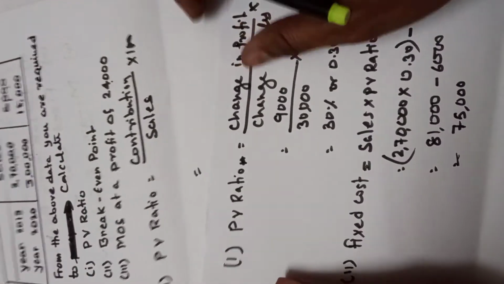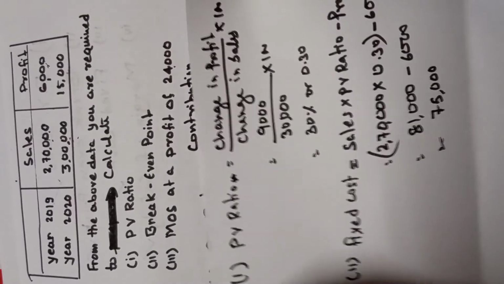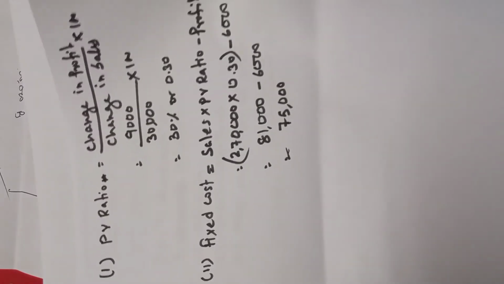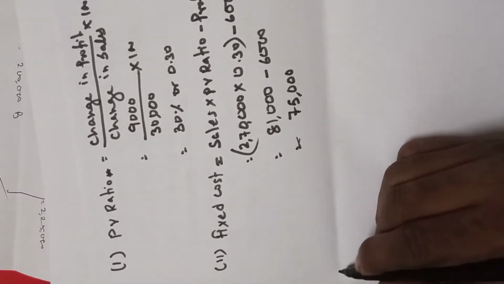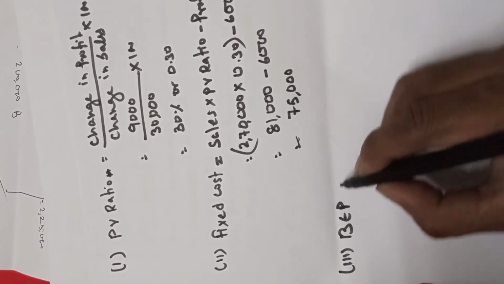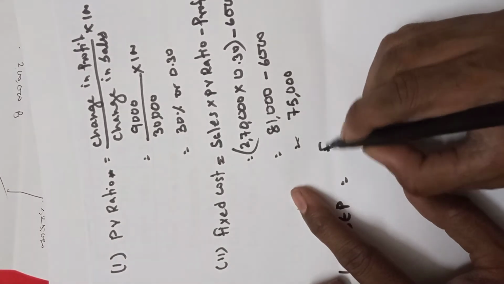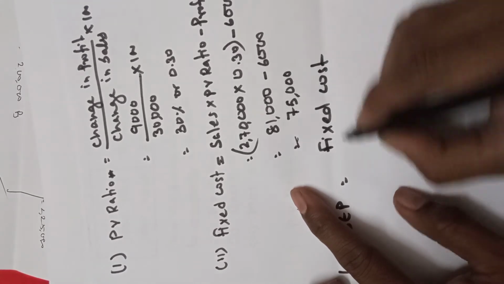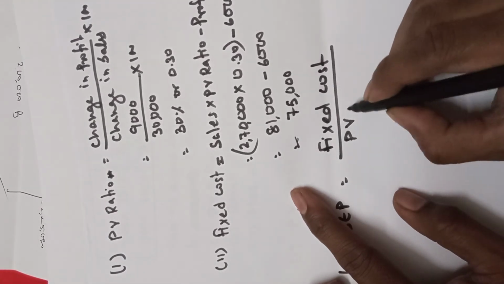Next, we have to calculate the break even point. The break even point formula is fixed cost by PV ratio.